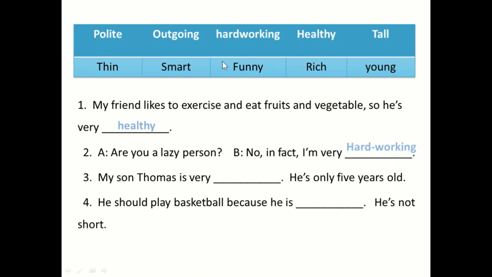We already used healthy and hardworking, so we have these words: polite, outgoing, thin, smart, funny, rich, young, tall. What do you think? Of course, we are talking about young. He's very young. He should play basketball because he is not short. So the second sentence says, if he is not short, then he must be tall.